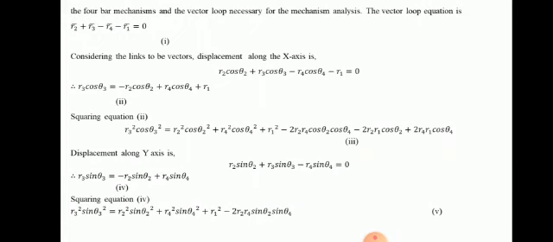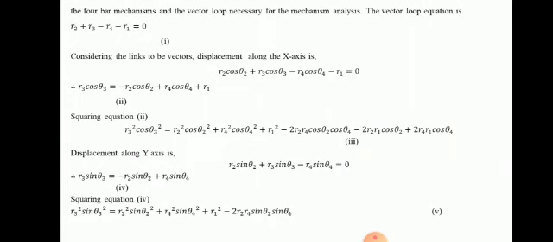Therefore, R3 cos theta 3 equals minus R2 cos theta 2 plus R4 cos theta 4 plus R1, which is equation number 2. Squaring equation 2.